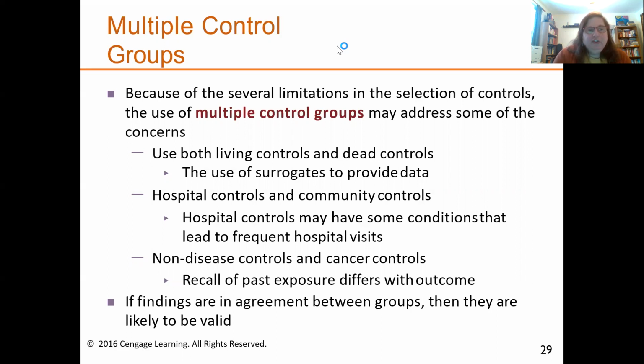Non-disease controls and cancer controls: again, that recall issue, recall of past exposure might differ with the outcome. If findings are in agreement between your different control groups, they're more likely to be valid. So if you find the same thing across these different control groups, you're in pretty good shape.